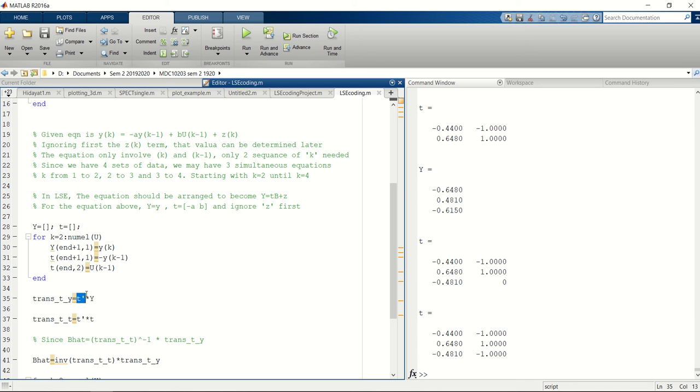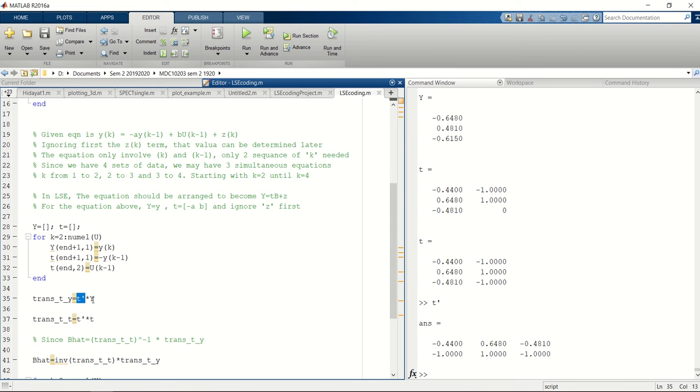So t dash is the transpose of t, and we can see this is our t. If I run this only, t transpose, F9, this t transpose equals to this, the same values but a different arrangement. This one is 3 times 2, this one is 2 times 3.